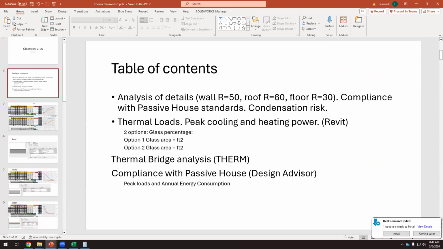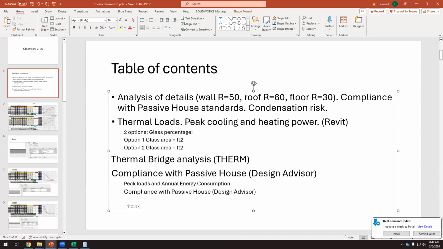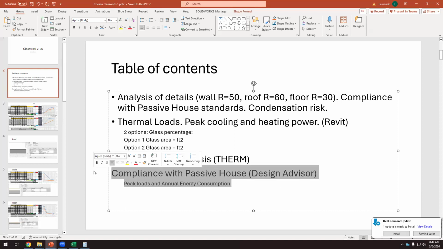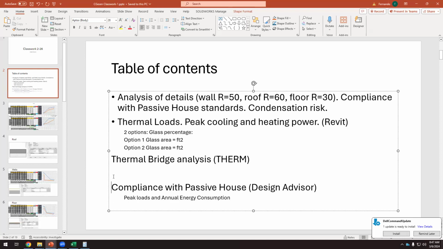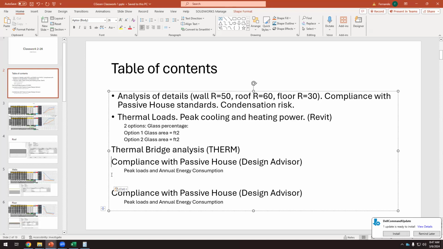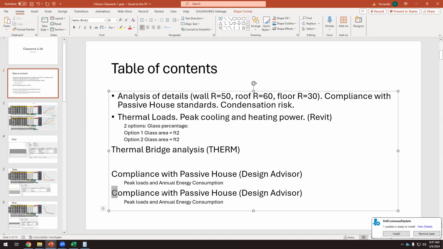And finally, we have the compliance with the Passive House standards. And now I have to do the PV energy production.